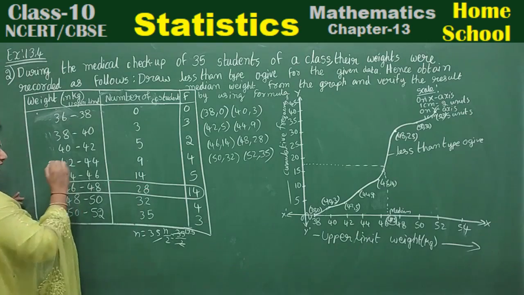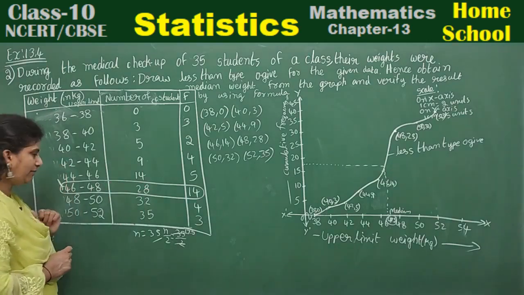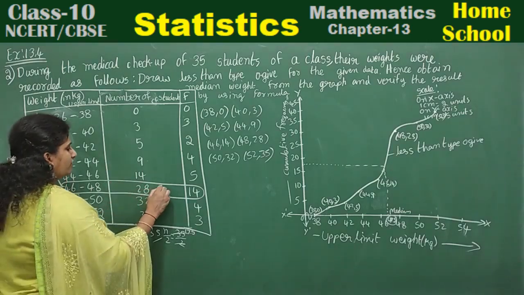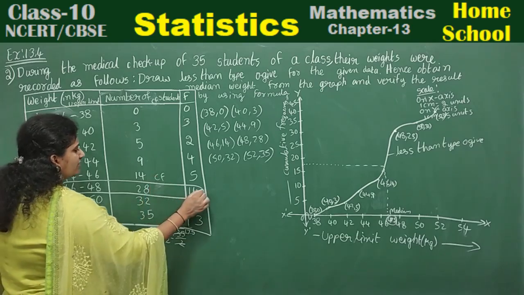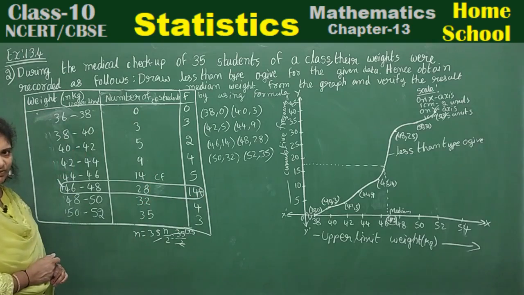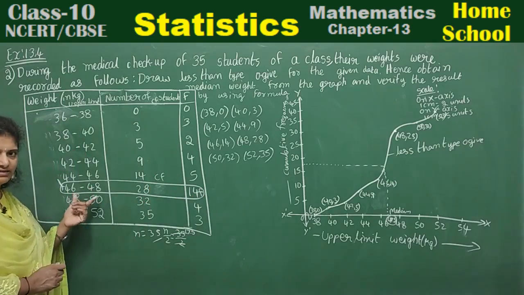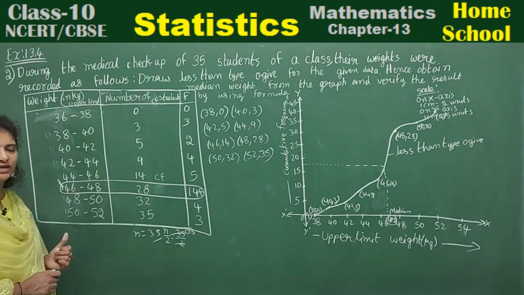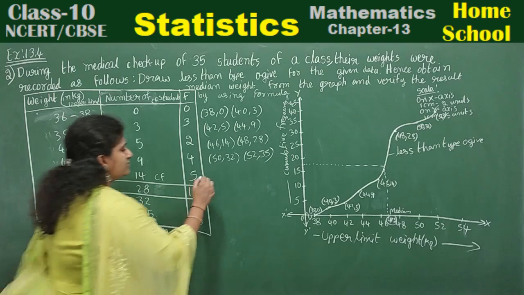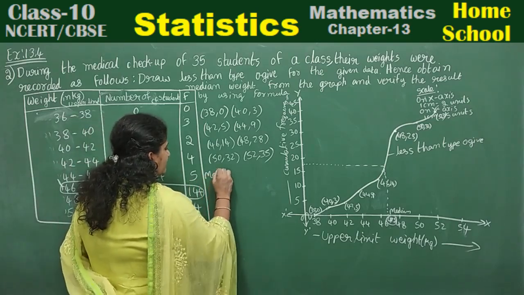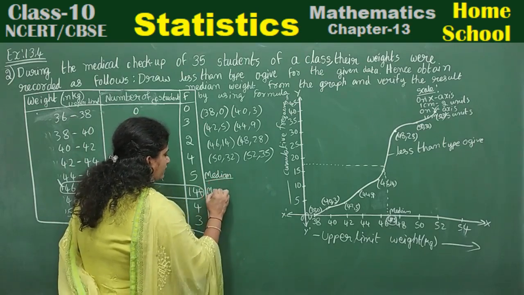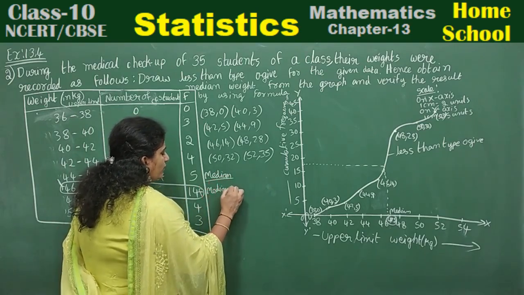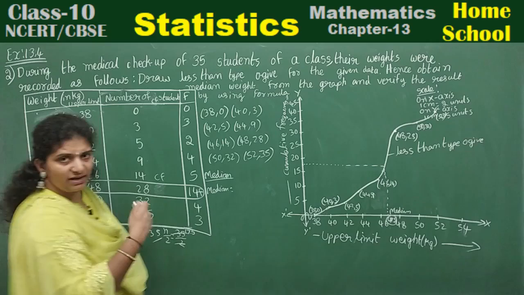Mark this L. L is equal to 46, the lower limit. This is cumulative frequency and this is the frequency. H is the class size. 48 minus 46 will be 2. Let us write here median. Median is equal to L plus, I just apply directly.